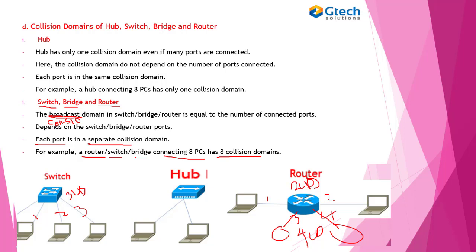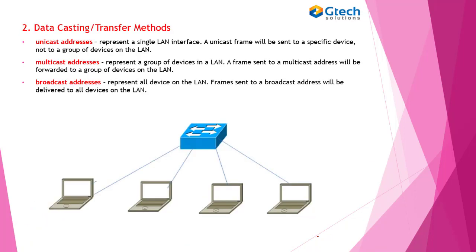Data casting methods, or data transfer methods. Under data casting methods, we have what we call Unicast, Multicast, and Broadcast. A unicast address represents a single LAN interface. A unicast frame is sent to a specific device, not a group of devices in the LAN.